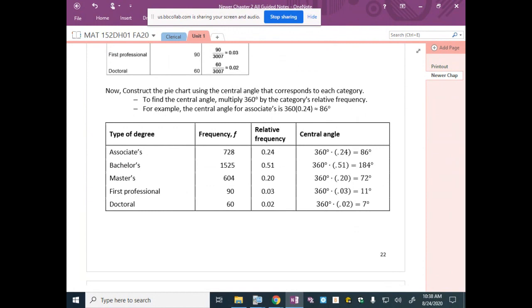Now, there might be a case where this doesn't add exactly to 360. It might add to 359 or 361. That's okay. Now, if your angles add to 370 something, you did something wrong. But again, the relative frequencies are always going to be nice terminating decimals in my examples.